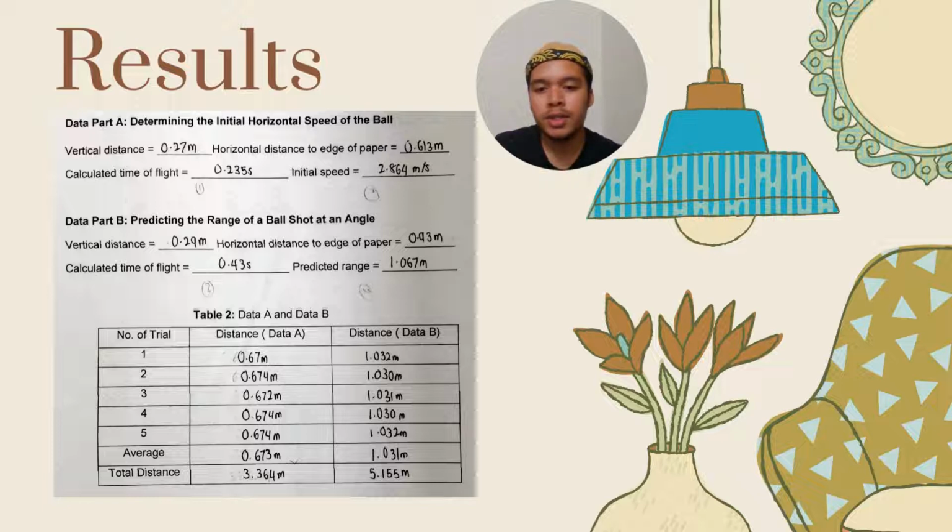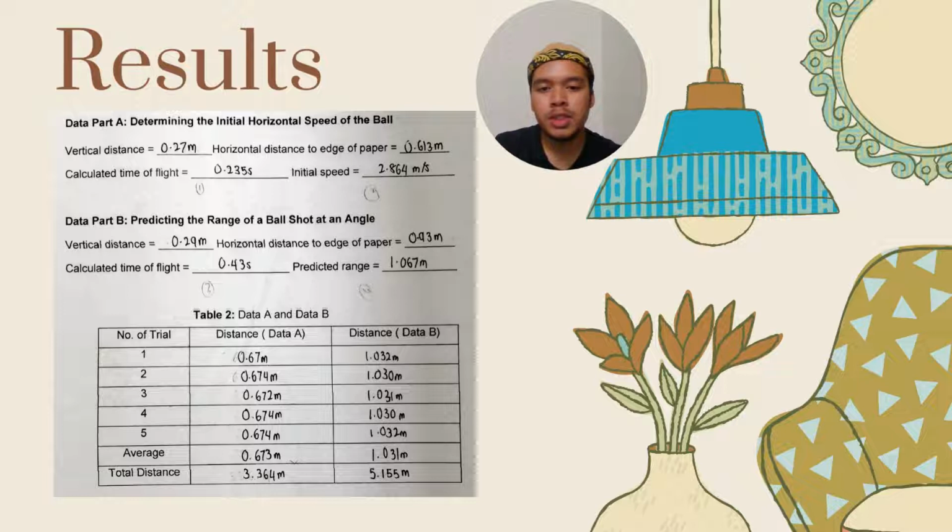Trial 3, 0.672 meter. Trial 4, 0.674 meter, and trial 5, 0.674 meter. The average is 0.673 meter, and the total distance for data A is 3.364 meter.